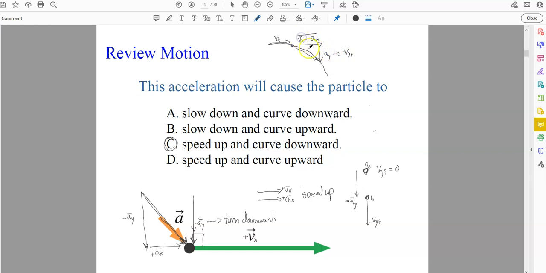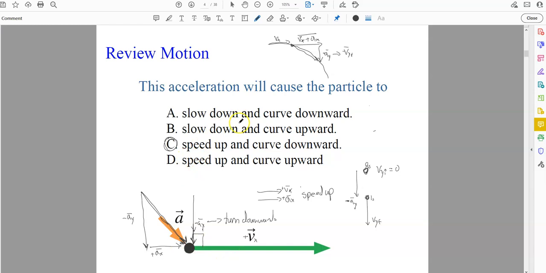Okay, so that's what's happening. And again, the whole point is seeing how an acceleration vector can turn an object, but not necessarily speed it up or slow it down. When that acceleration vector is at a 90-degree angle to the velocity vector, that will cause it to turn, but not necessarily speed it up or slow it down.